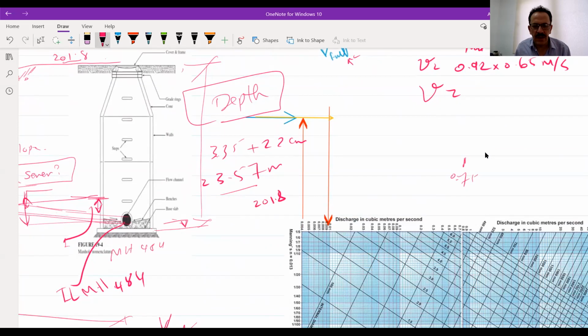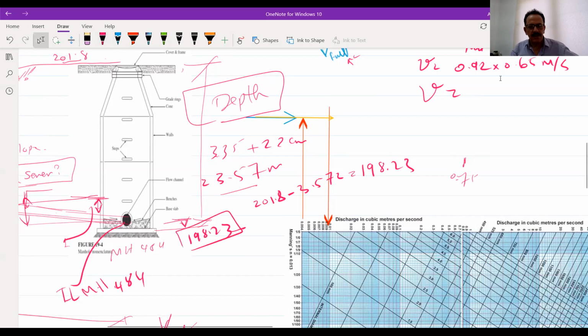So 201.8 minus 3.57 will give you the bed level of this manhole, which is equal to 198.23. And you can check this number.